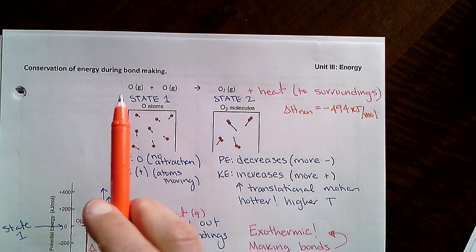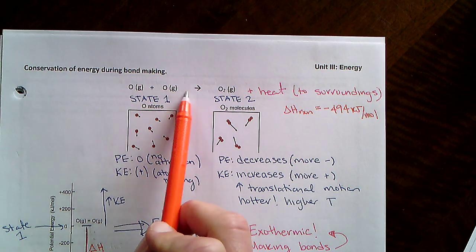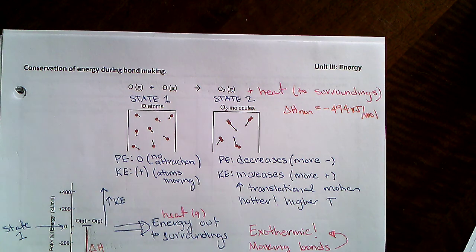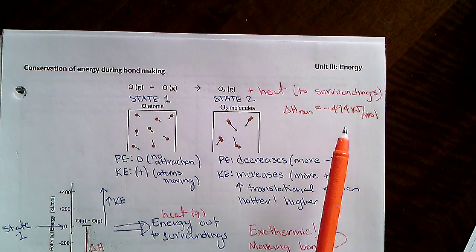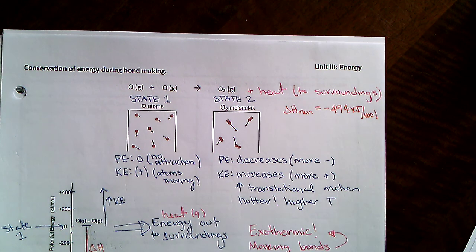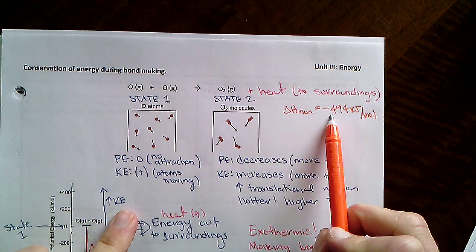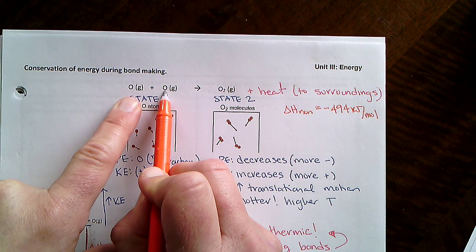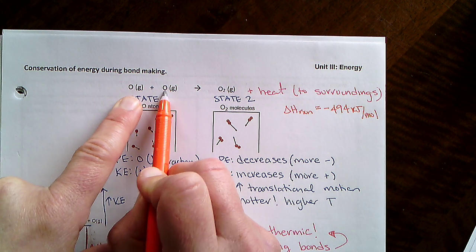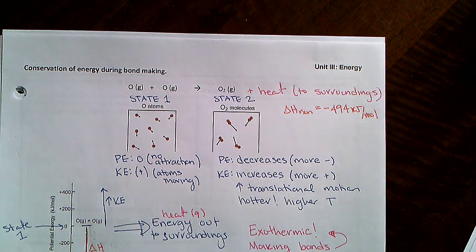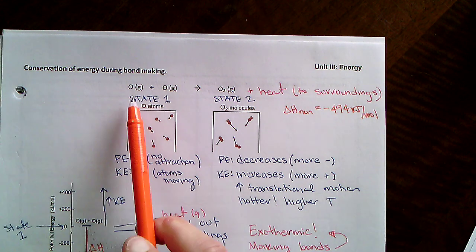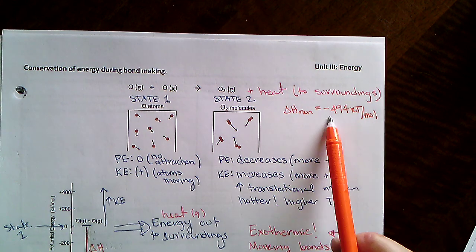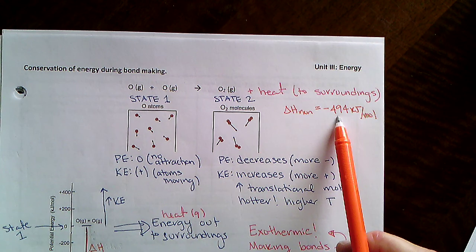So if this had different stoichiometry, different numbers of moles, then, well, I don't want to explain it like that. All I want to say right now is that this 494 is associated with there being 2 moles of bonded atoms coming together to make 1 mole of oxygen. And so anytime you have a reaction equation written, you can write a delta H that's associated with it.